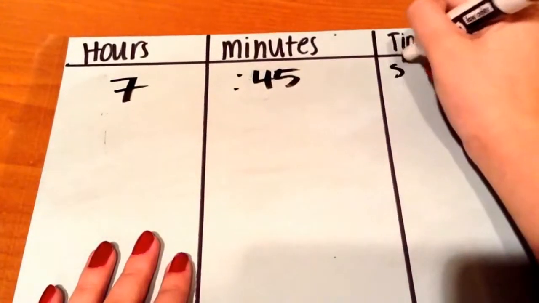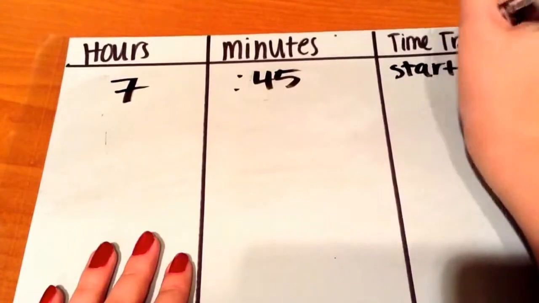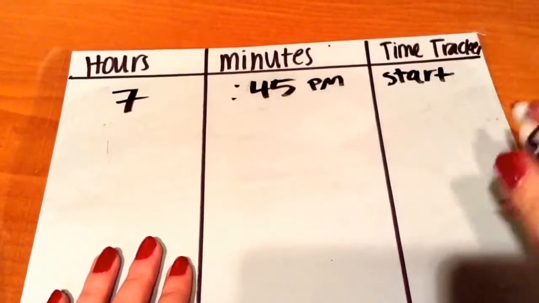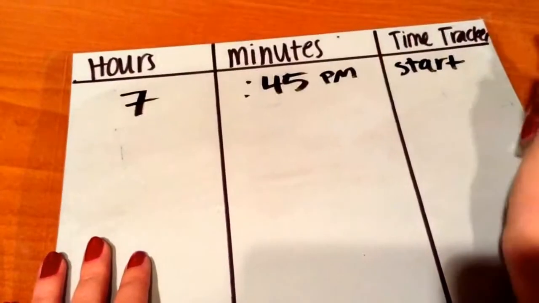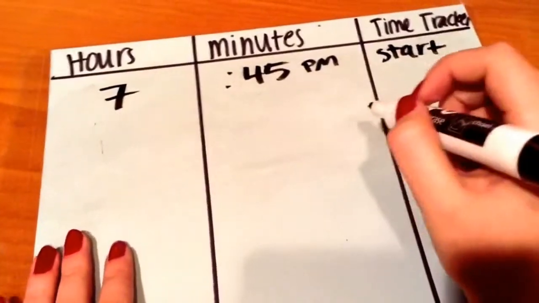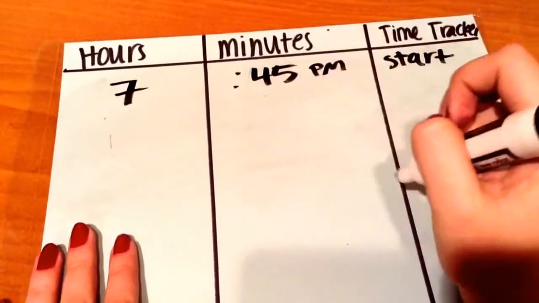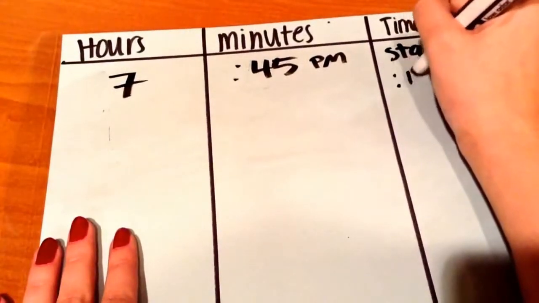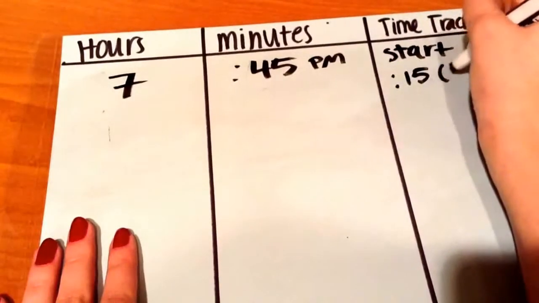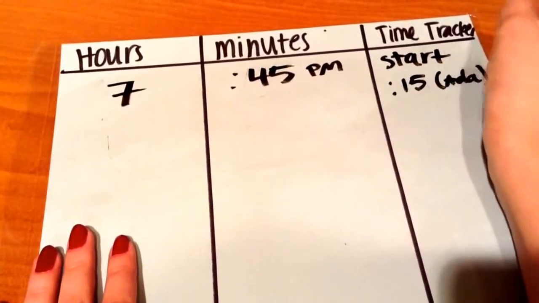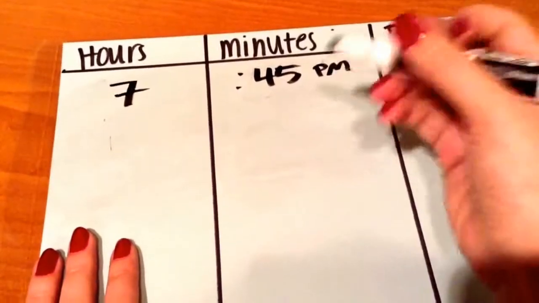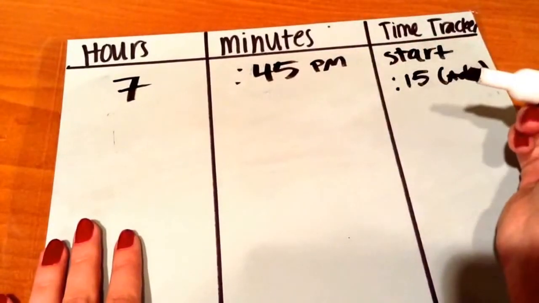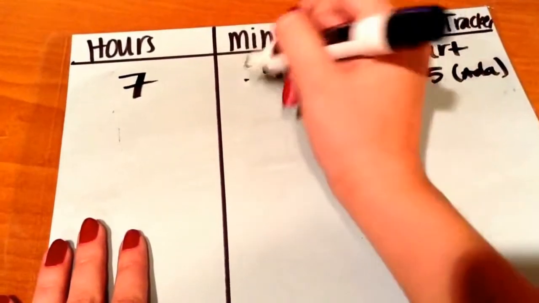So this is our start. 7:45 p.m. Now they said that they were in the movie for 2 hours and 15 minutes. So let's add 15 minutes since that's our smallest unit. Adding 15 to 45 would give us 60. So would I write 60 right here? No, I'd write 0.